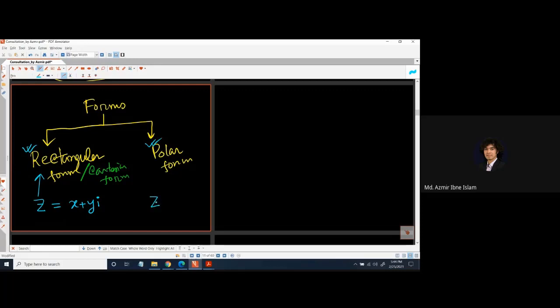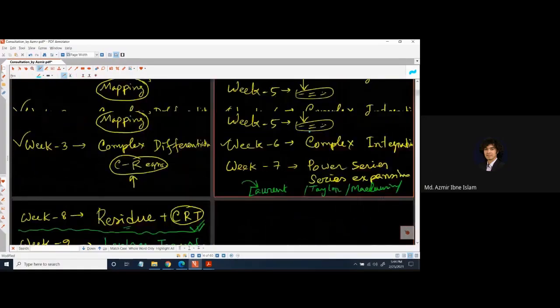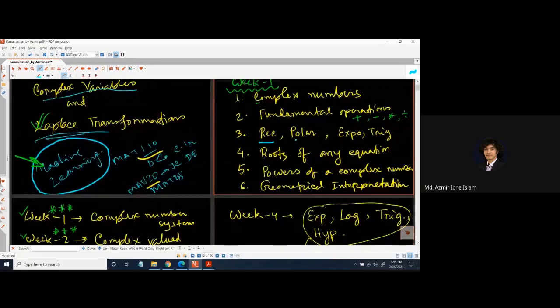But z equal to r e to the power i theta, so r e to the power i theta, is known as the polar form. Polar form can be expressed in two ways: in exponential form, and another one is trigonometric form. That's why I have written earlier here rectangular form, polar form, exponential form, and trigonometric form.